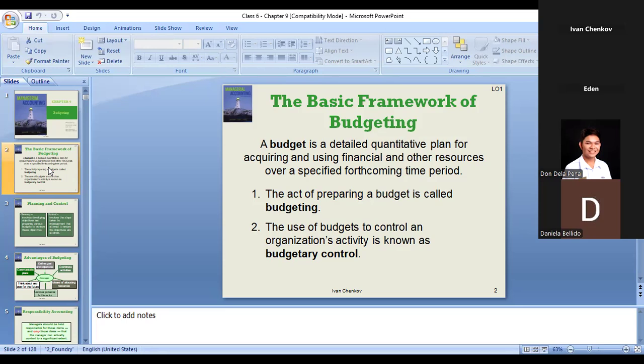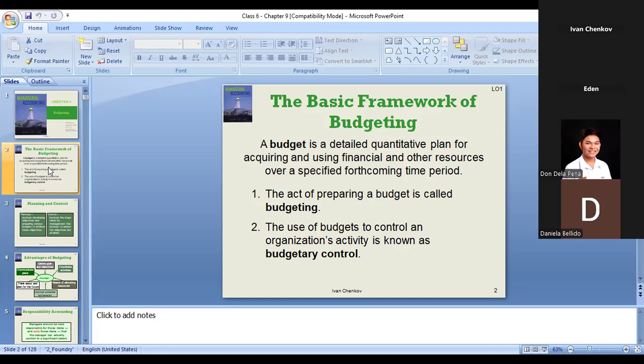So what will the budget be? The budget will be a detailed quantitative plan for acquiring first and second using financial and any other resources over a specified forthcoming period of time in order to achieve our objective.